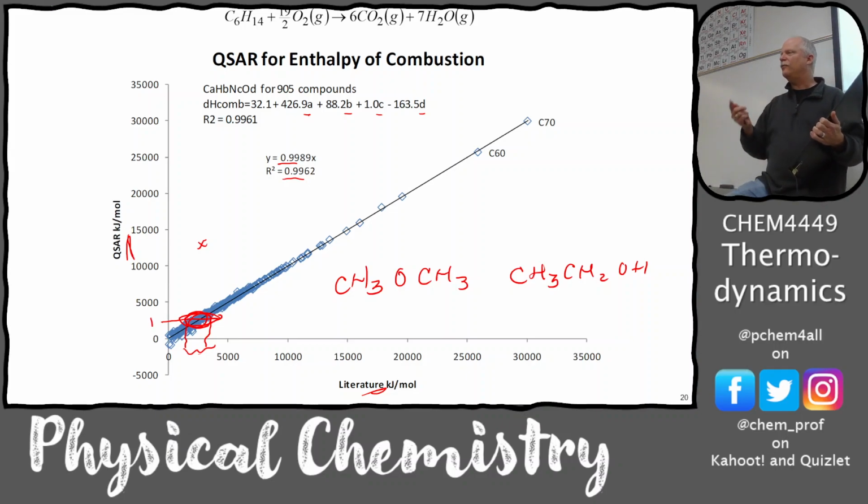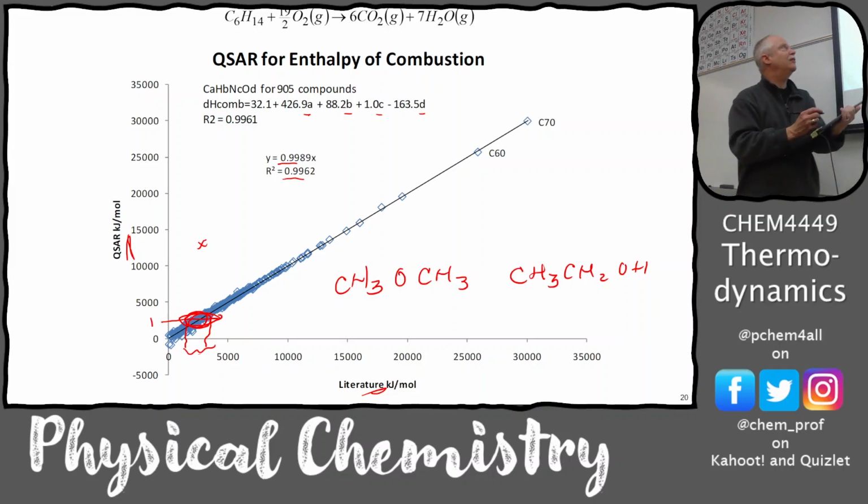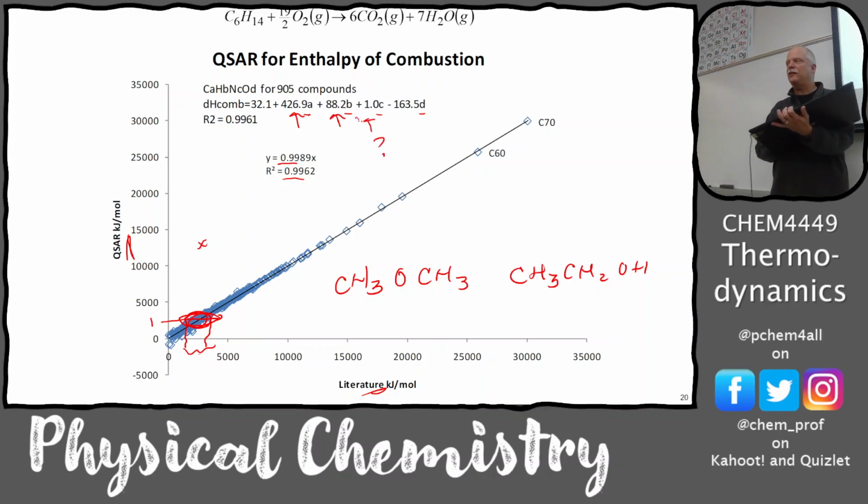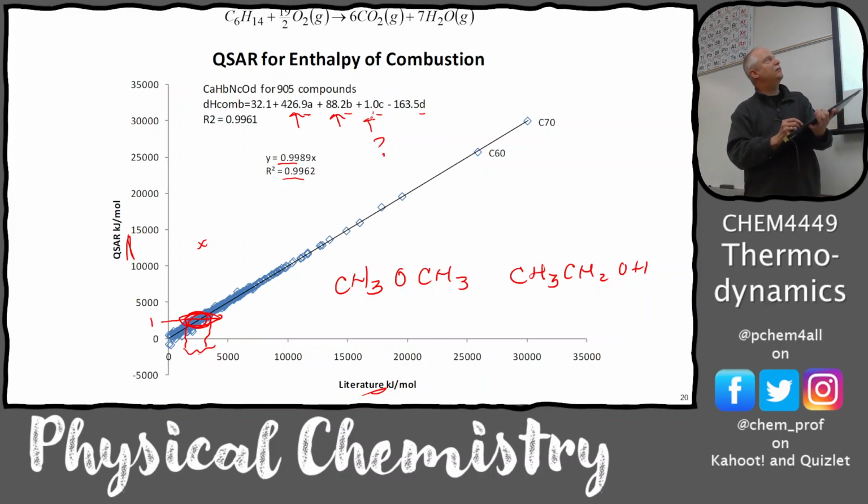We did the same thing for the individual pieces of the enthalpy. Notice that you get more heat from carbon atoms than you do from hydrogen atoms. Nitrogen is kind of ambiguous because you have different types of nitrogen. Nitrogens bonded to oxygens are sort of already combusted. Nitrogens bonded to hydrogens may give you more energy. And so the positives and negatives kind of cancel out on the nitrogen number.